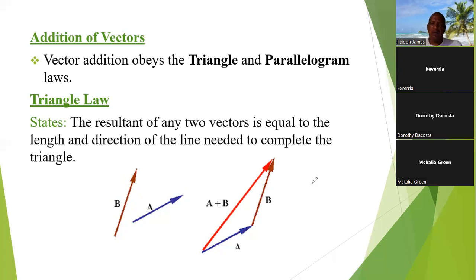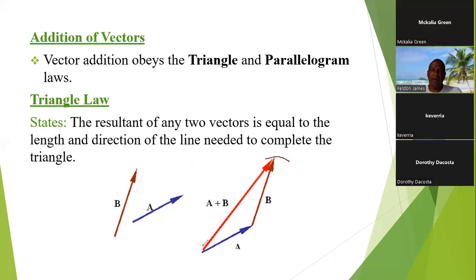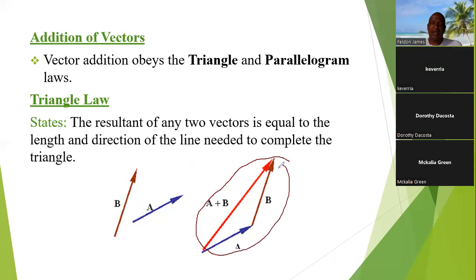Now, don't look at this diagram in its entirety yet. We are saying that these are two component vectors, and we want to add them based on the triangle law. But before we can add them, we have to arrange them so that the nose of one goes into the tail of the other.